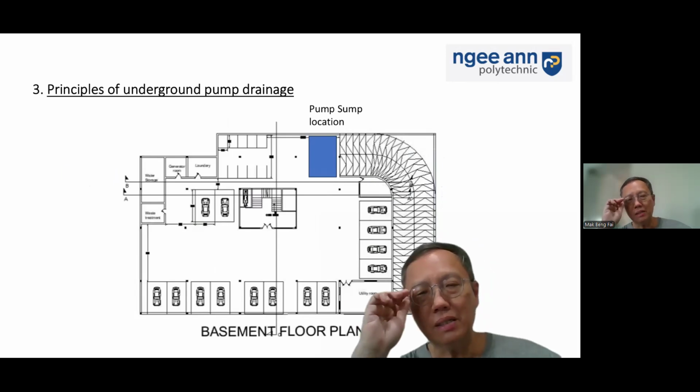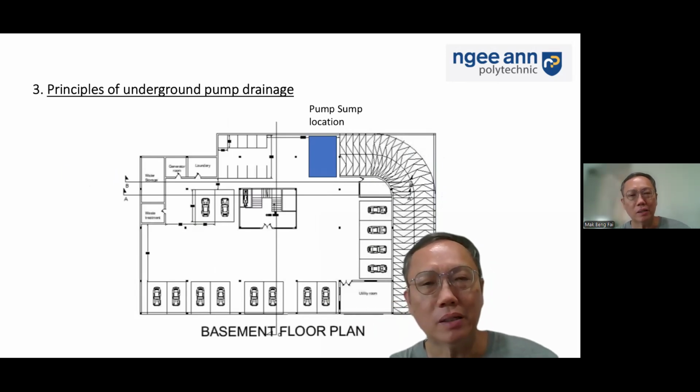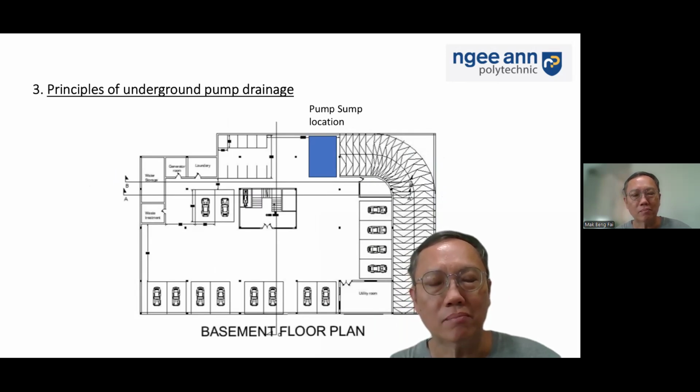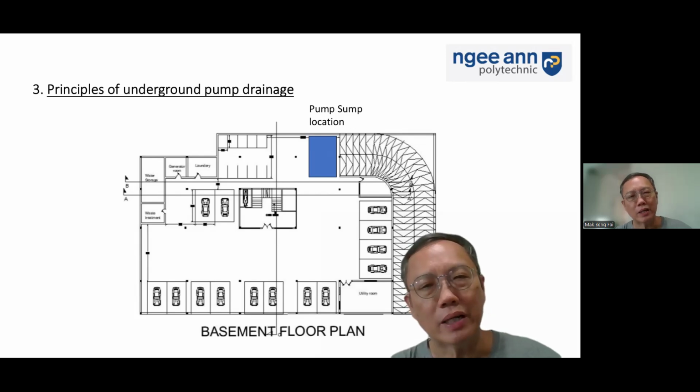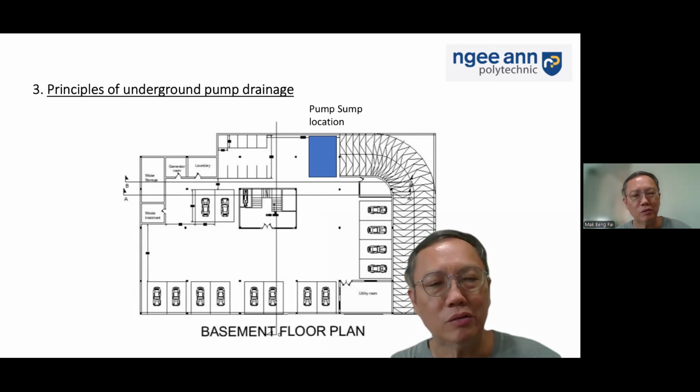Now, this is a basement floor plan of the pump sump location. As far as possible, if this ramp is exposed to the weather, we try to locate the pump sump as close as possible, next to the ramp, where it intercepts the water quickly and then pumps the water out. Now, we can actually locate this pump sump further away into the car park.